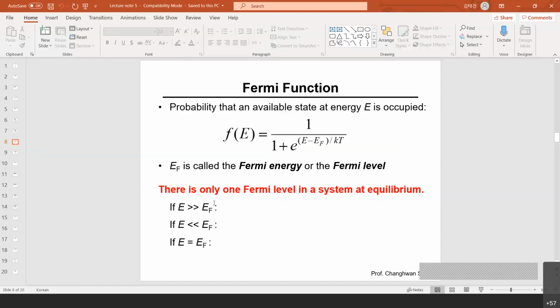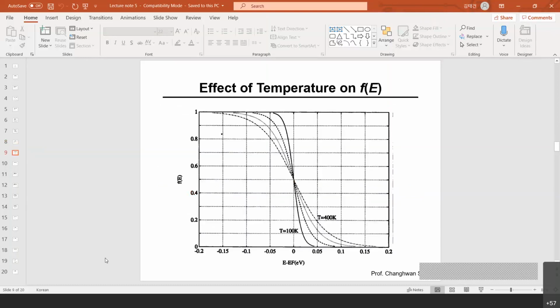All right, so we have learned the physical meaning of the Fermi function, and we have practiced how the Fermi function is drawn depending on the temperature. At 0 Kelvin, a step-like function is used to draw the Fermi function curve. As temperature increases from 100 Kelvin to 400 Kelvin, the Fermi function is tilted a lot, so this less steep slope can be found in this figure.